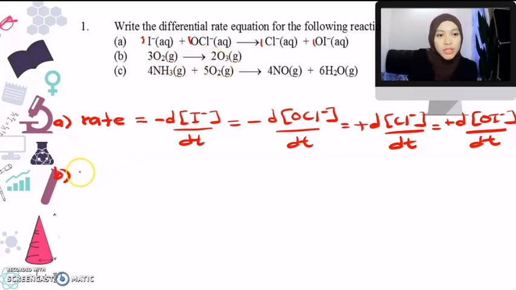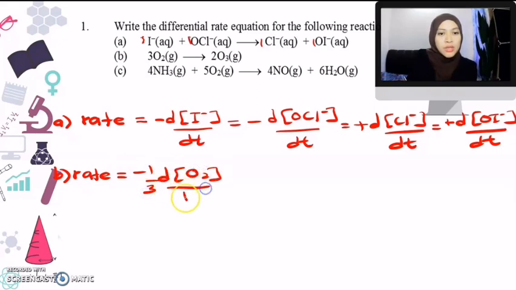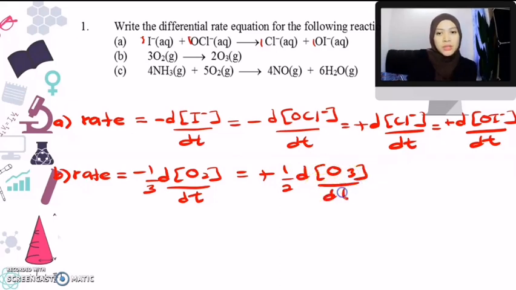So to write the differential equation, write the term rate equal to negative 1/3 d[O2]/dt equal to positive 1/2 d[O3]/dt. Alright, so we have to consider the coefficients to be put into our differential equation.